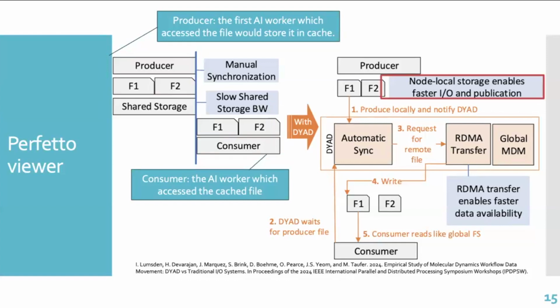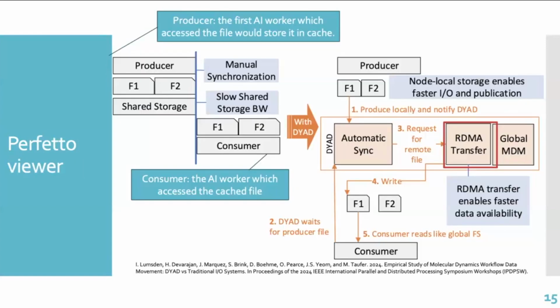So essentially, what happens with DYAD is that you use node local storage to produce the data, put it locally, and then use automatic synchronization using Flux's hierarchical key value store to understand if the data has been produced. The consumers will implicitly wait for that, so there is no explicit need for communication here. Once the data is available, it is transferred using a pull mechanism from that node to the client who wants to consume the data.